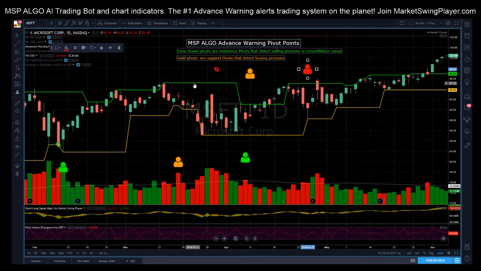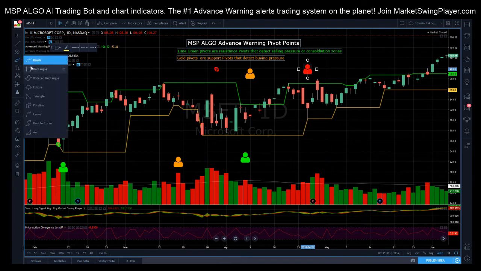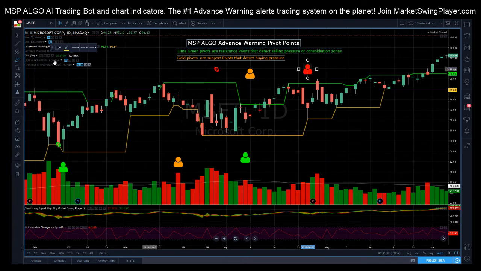So we have a lime green pivot point here. Okay, so we have a lime green pivot point right here, and we understand that pivot points are significant support and resistance levels.